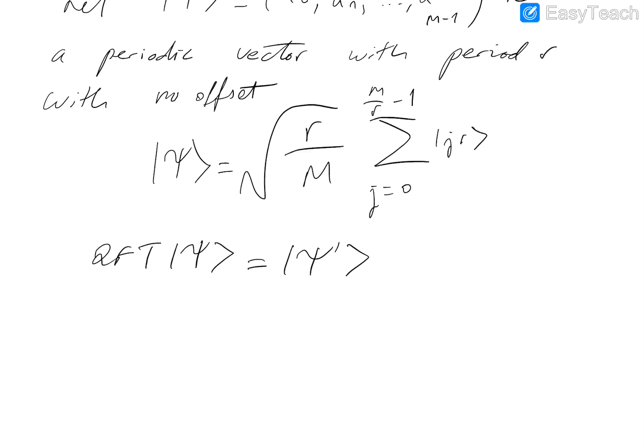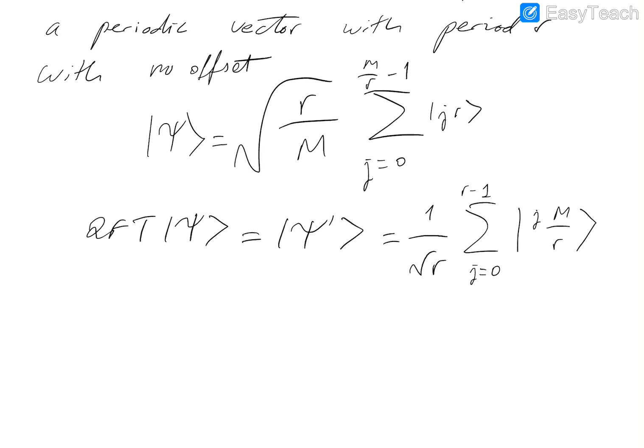And secondly, it changes the period. It is the sum, each with amplitude 1 over square root r, j equals 0 up to r minus 1, and we have j times m over r as the basis states.